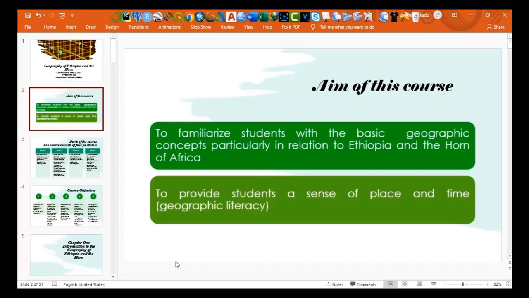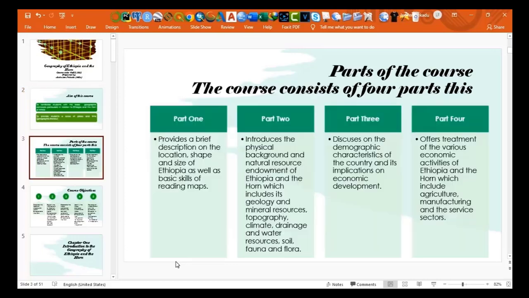So these are the major aims of this course.